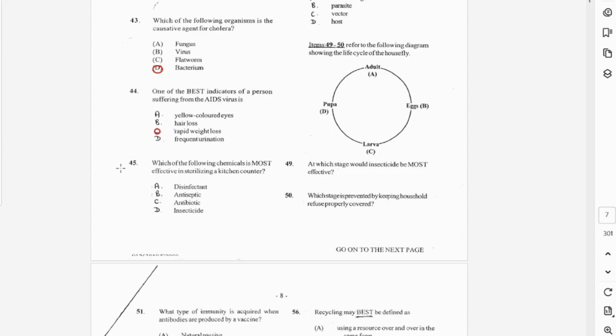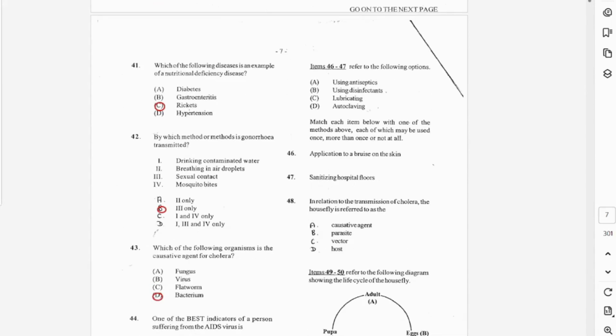Number 45. Which of the following chemicals is most effective in sanitizing a kitchen counter? The answer would be A, disinfectant. Most of the questions that we are seeing so far are kind of a given, right? Only a few we had to put a bit of thought into.